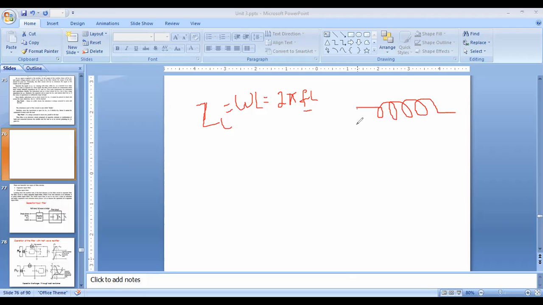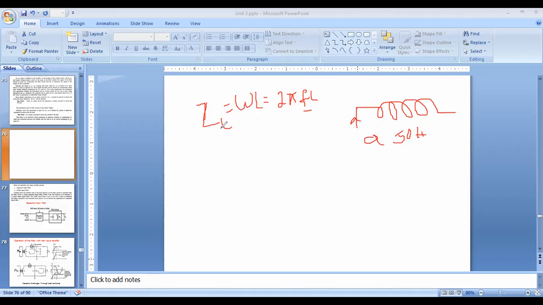Suppose we apply an AC having some frequency, assume 50 Hz is applied. Then it has an impedance value.